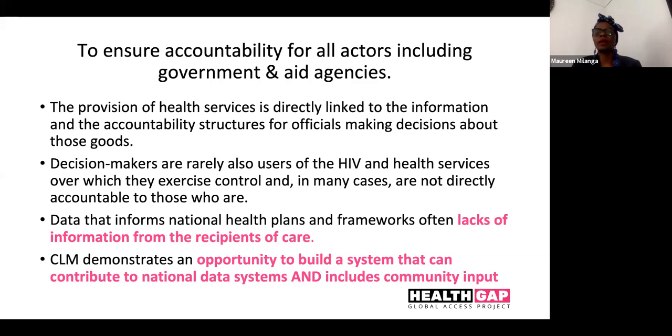Often when people living with HIV or communities want to shape how service delivery is given, it's usually a big battle. Community-led monitoring gives us an opportunity to build that system, contribute to national data systems and include communities in how we think about quality service delivery.